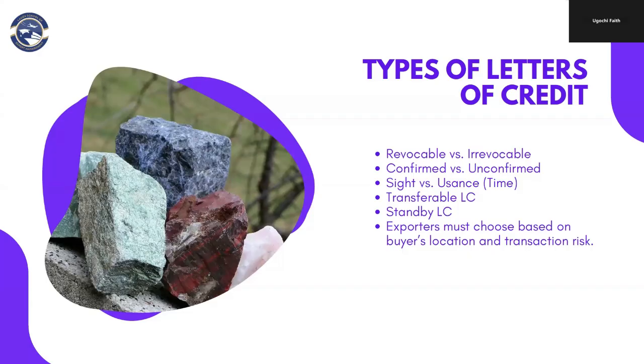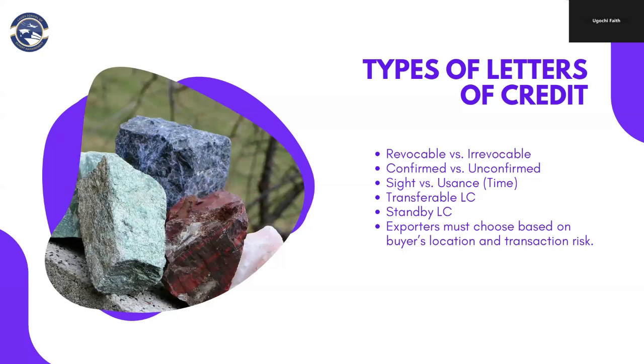Though we have transferable LC, we have standby LCs. Transferable just means that if someone gives you a letter of credit now, the person can still transfer it to another exporter or use it for another export contract. That's how transferable works. We also have standby letter of credit.